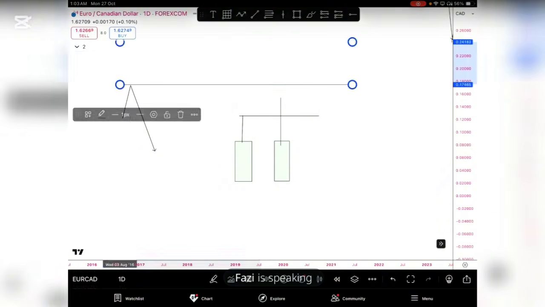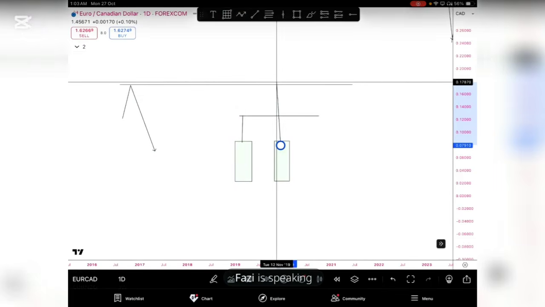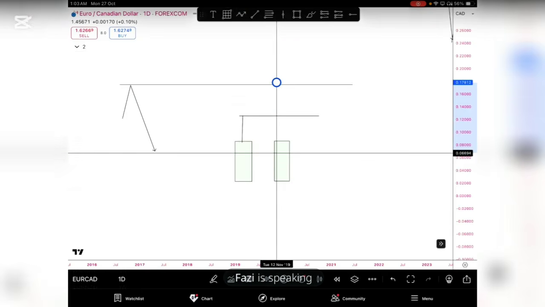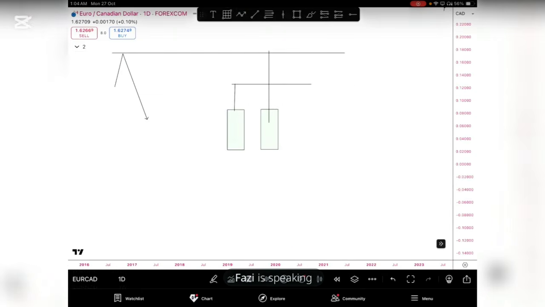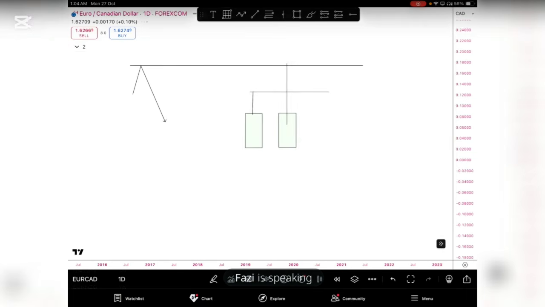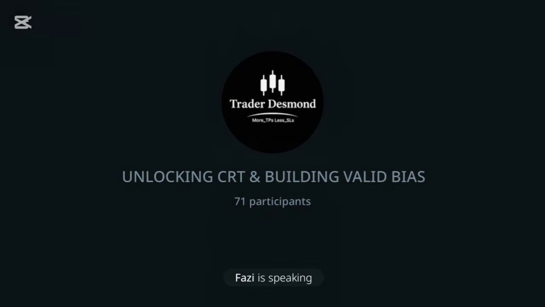The second candle needs to come from that key level and sweep the previous candle. Understand what I'm saying? If it is created like this, if it is the A-shaped key level, then we can look for entries.